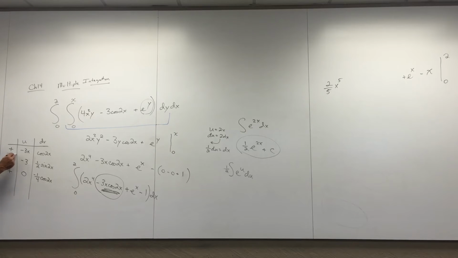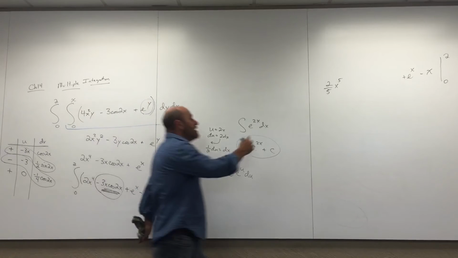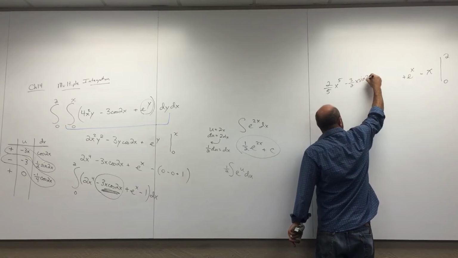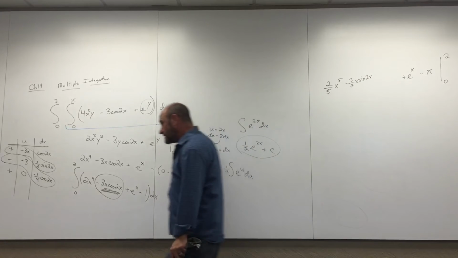You grab this term, and then you drop down here, and this is one multiplied term. And then here's the next term. And we're done. So what is that? That's a negative 3/2 x sine 2x. And what else is it?